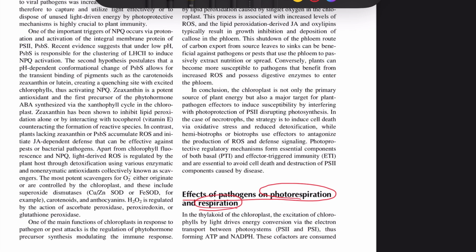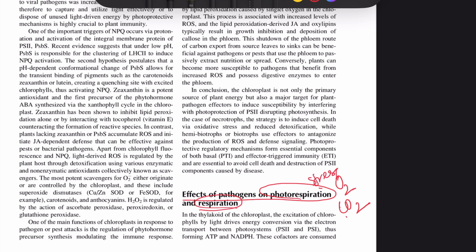Photorespiration happens when a plant uses oxygen instead of carbon dioxide, especially during heat or times of stress.